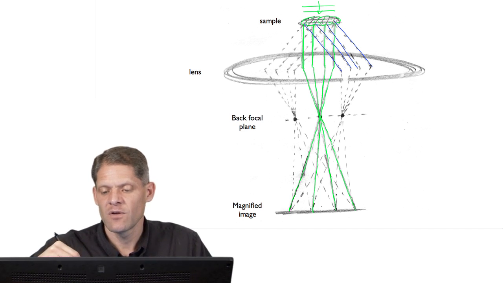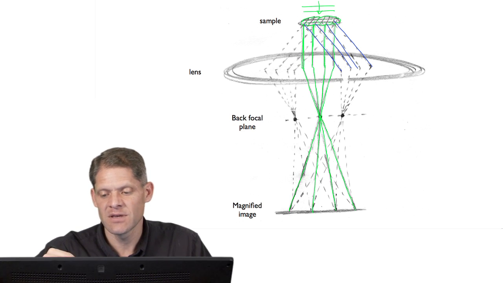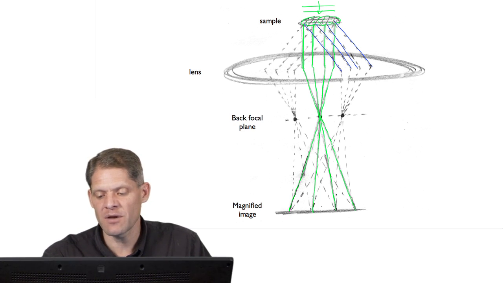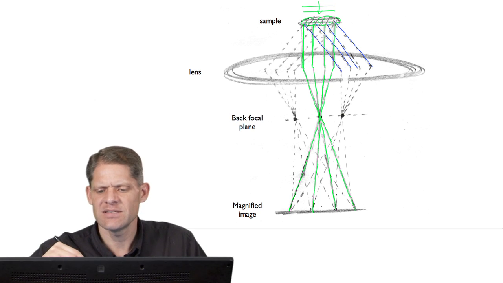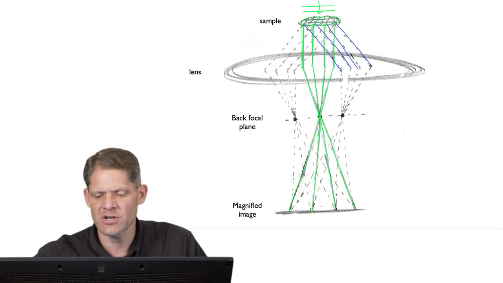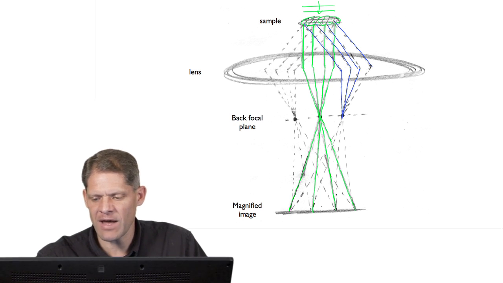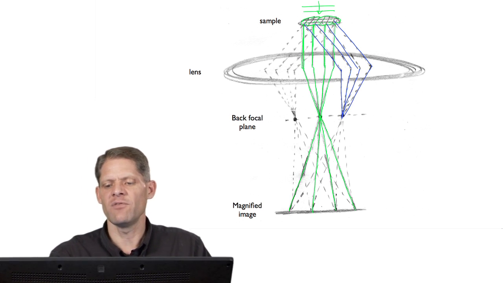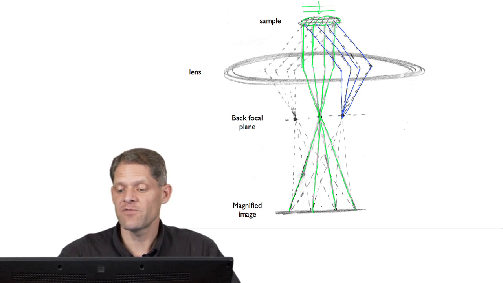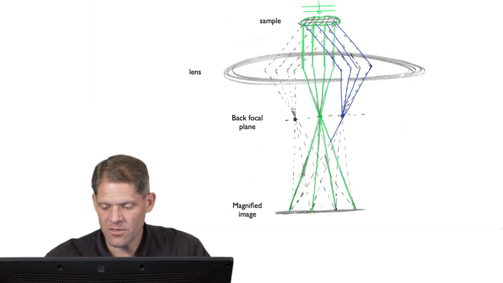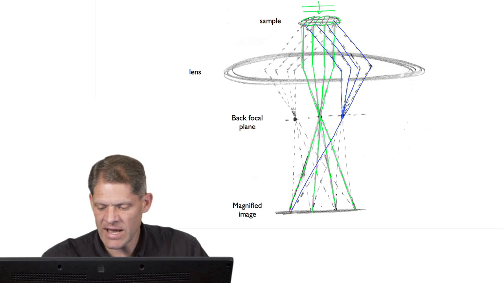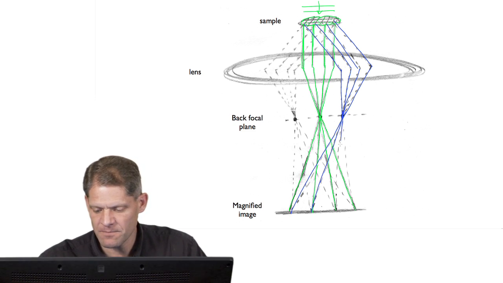But if this radiation is not parallel to the axis of the lens, that spot will also not be on the axis. Instead, scattered radiation in this direction is focused, say, to a spot over here on the back focal plane of the electron microscope. And from here, it then sails on through that point and spreads out across the image plane.